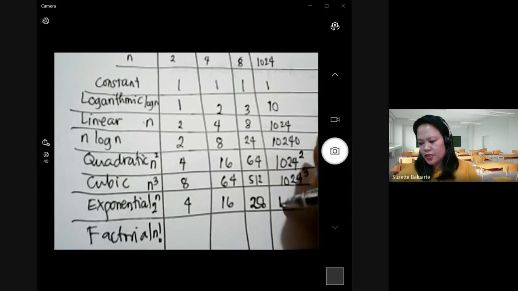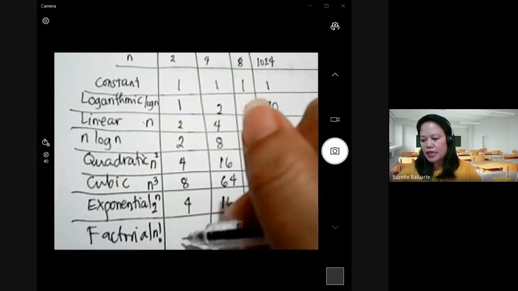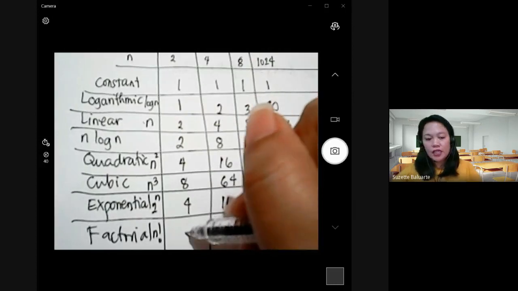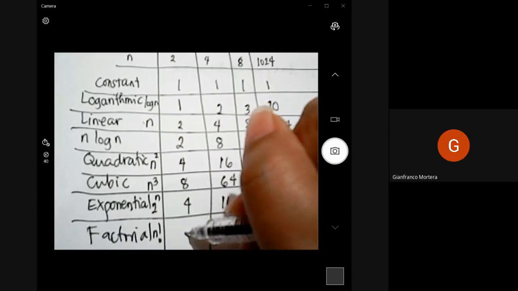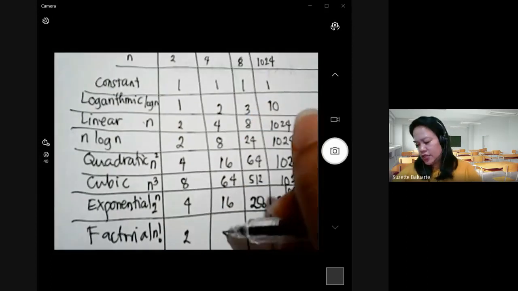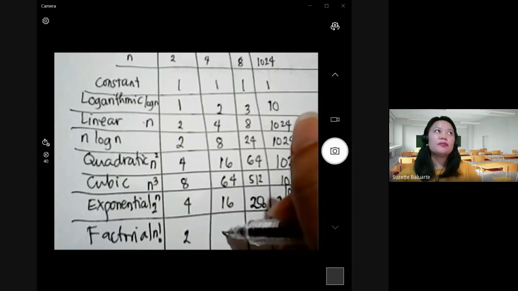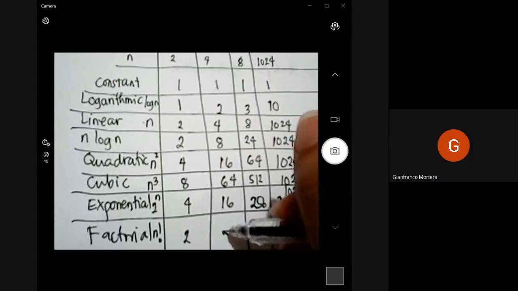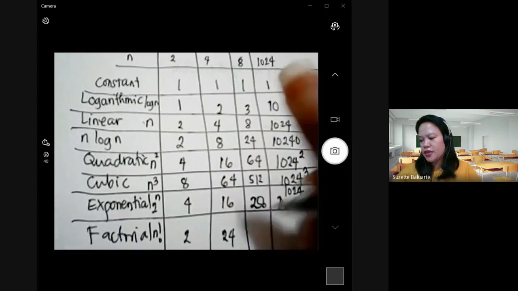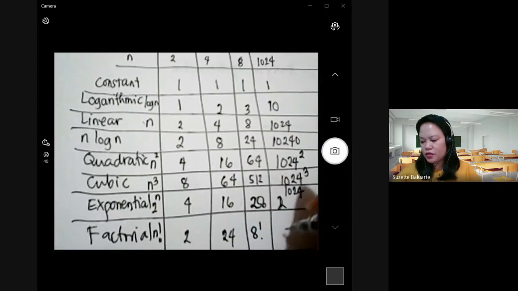And probably this is 2 to the power of 1024. Okay, how about in factorial? This one is 2. How about this one? 4 times 3 times 2. 24. And then the last ones, we'll say 8 factorial and then 1024 factorial.